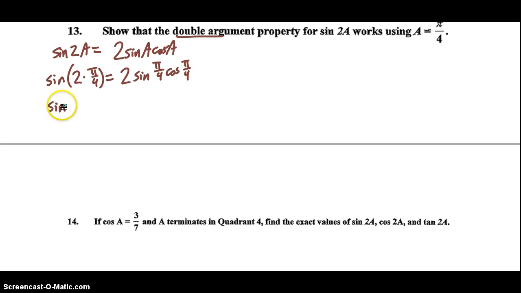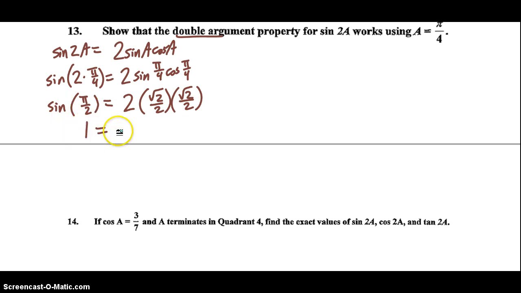Well, if you notice, 2 times pi over 4, that's pi over 2. 2 times the sine of pi over 4 is radical 2 over 2. And the cosine of pi over 4 is also radical 2 over 2. Sine of pi over 2, if you go to your chart, sine of pi over 2 is 1. So that means this whole thing had better multiply to 1. I'm going to leave the 2 out here alone for a second.